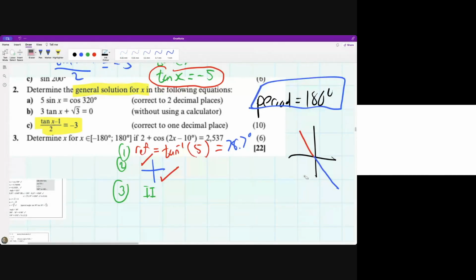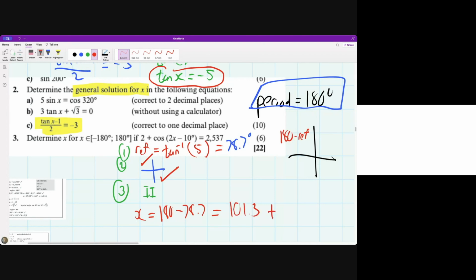Now in quadrant 2, what format is it going to be in? It's going to be in 180 minus the reference angle. So what is x going to be equal to? It's going to be 180 minus 78.7, which is 101.3.